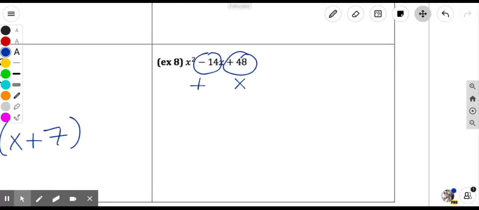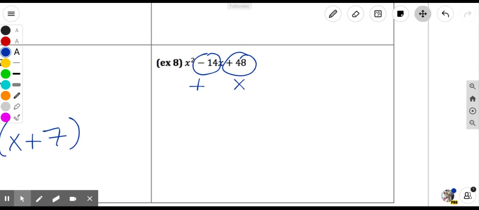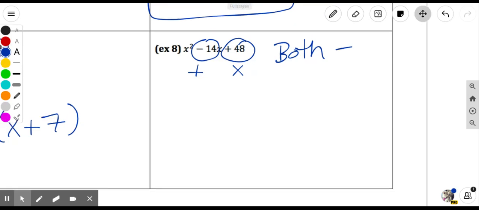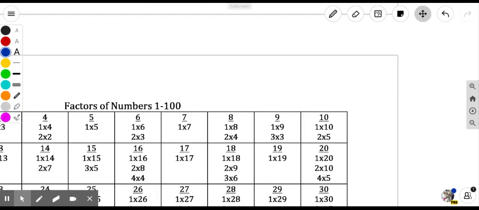So let's think about that for a second. To multiply to a positive and add to a negative, they both have to be negative. And the reason for that is a negative times a negative is a positive, and a negative plus a negative is a negative. So we're looking for two numbers that are both going to be negative that would add to negative 14.